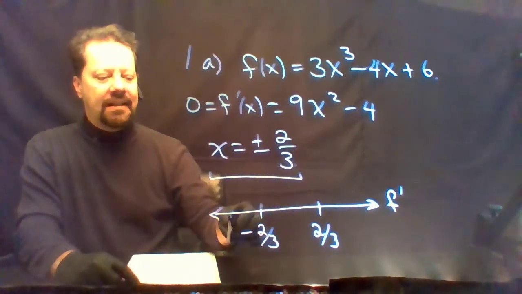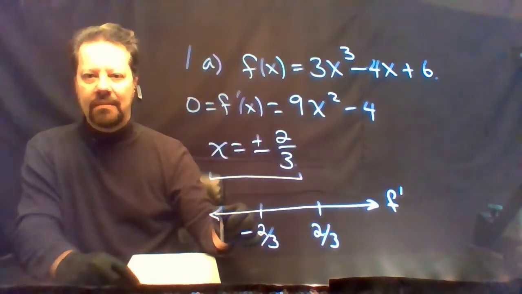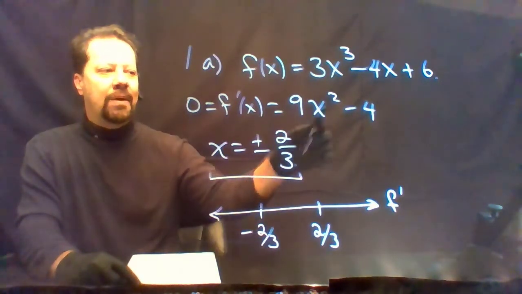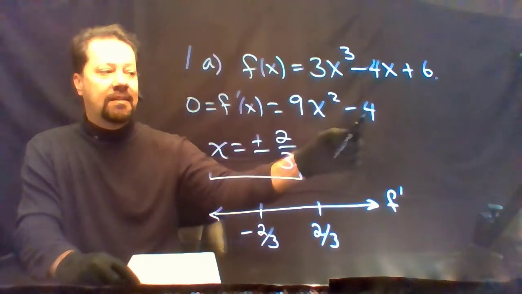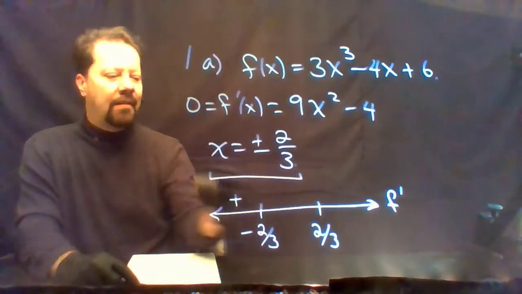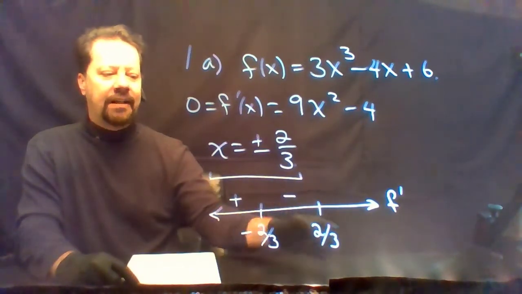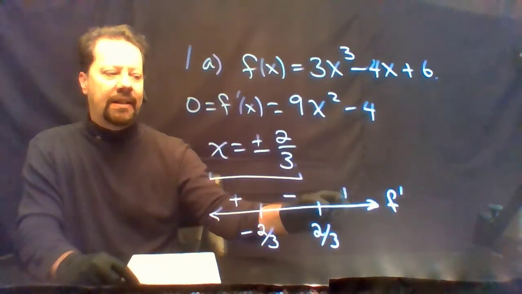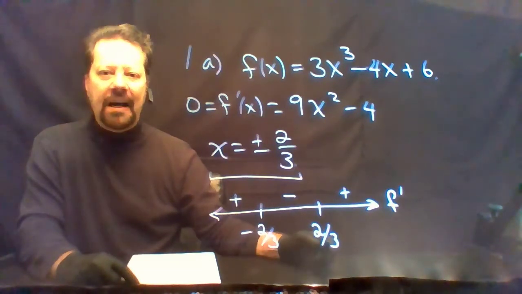Something less than negative 2/3 might be negative 1. Negative 1 squared is 1 times 9 is 9, minus 4 is a positive 5. At 0 we get a negative 4, and at 1 we get again positive 5.